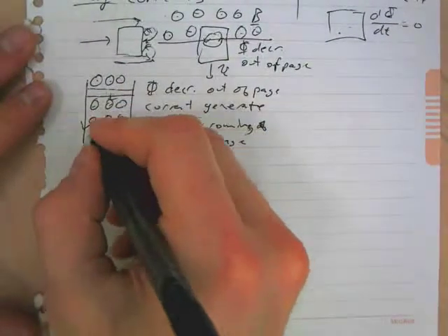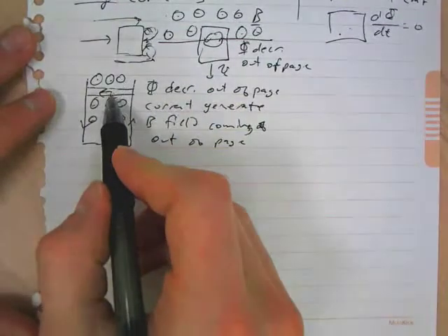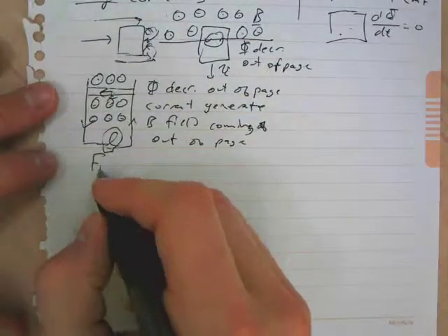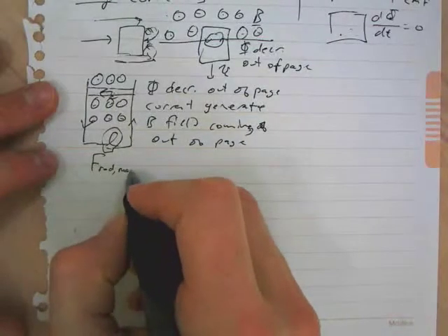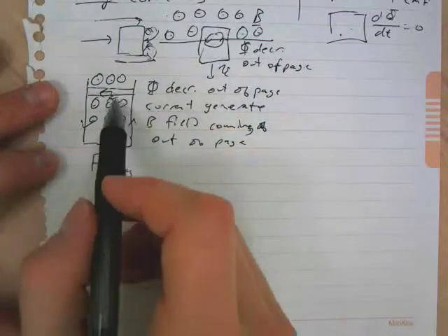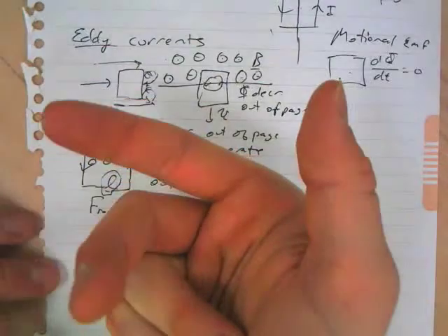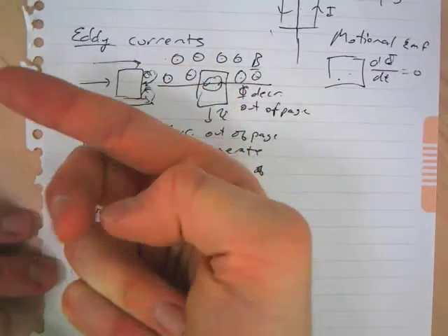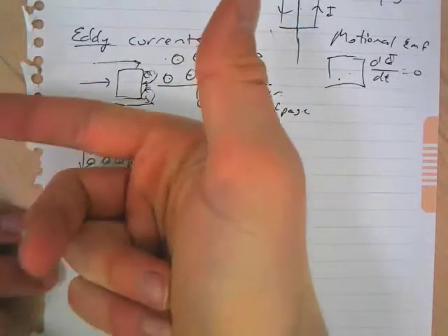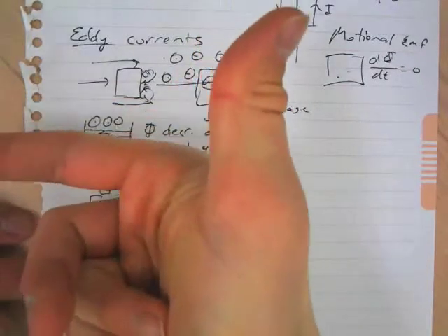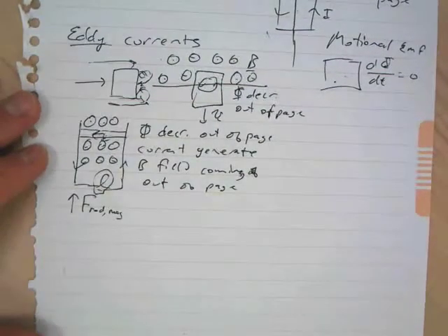So we've got current flowing this way, which means that the current inside this rod is to the left, which means the magnetic force on the rod is, we point to the left, and then our middle finger goes up, or we curl our fingers upward, however you do your right hand rule, and that means out of the page, and our thumb points toward the top of the page, so the magnetic force on the rod points upward.